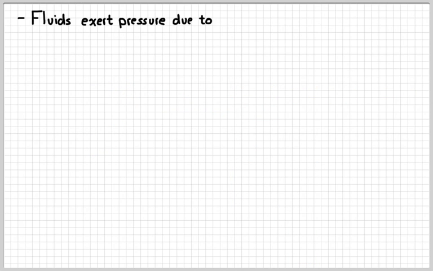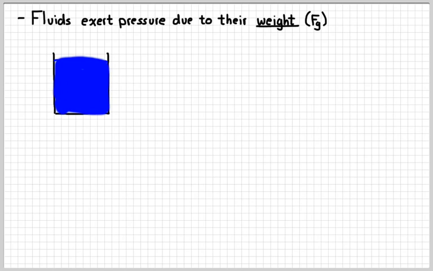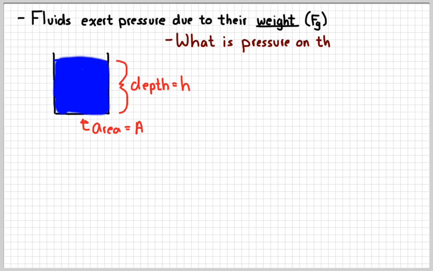Now the reason that fluids exert pressure is because they have weight. Remember, weight is simply another term for the force of gravity. And so if we take a somewhat simpler shaped beaker of water like this, and the area of the bottom of the beaker was A, and we filled it up to a depth H, then the pressure on the bottom of that beaker is due to the weight of all the water pushing down on it.